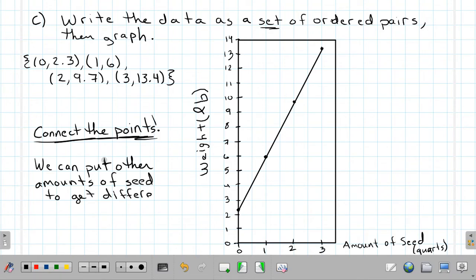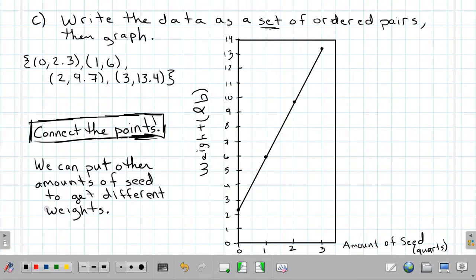So once again, we're not stuck. We don't have to put just a quart of seed in, okay? We don't have to put just 2 quarts of seed in. We could put 1.5 quarts, okay? We could put 2.5 quarts. We can put 2.7 quarts. We can put 1.6 quarts. We can put 1.33333, 1.3 repeating quarts, okay? So once again, we can have all these different values. That means we connect the points.